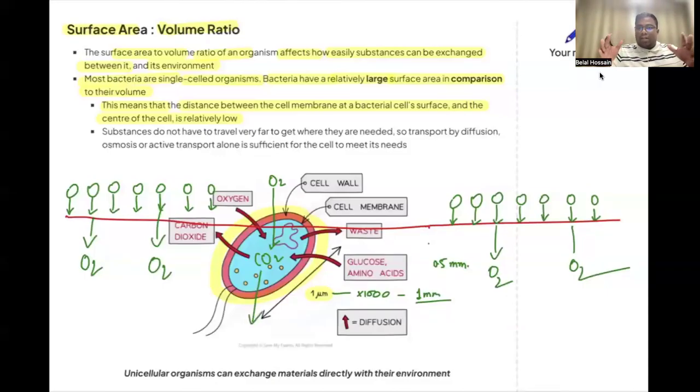But make the organism a little bit bigger and there will be multiple layers of cells, and the oxygen can only bounce with the top layer of cells, not with the inside layers. Then it becomes a little bit difficult for the oxygen to go through that many layers of cells, trying to reach the inner cells.